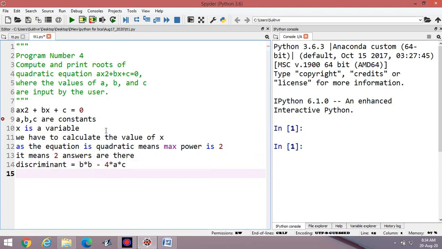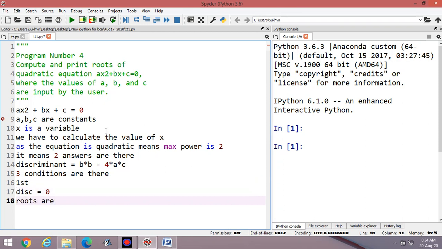And now three conditions are there. First condition is, if discriminant is equal to 0, then roots are real and equal.